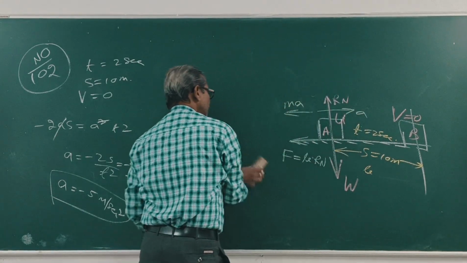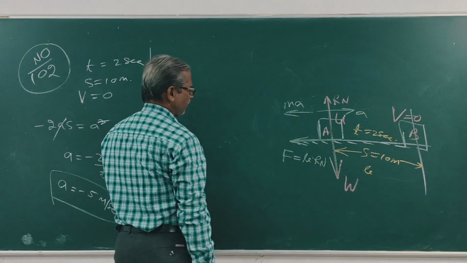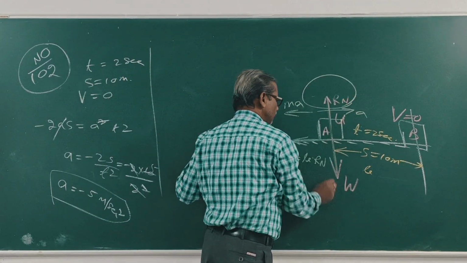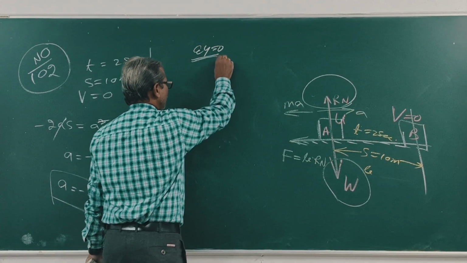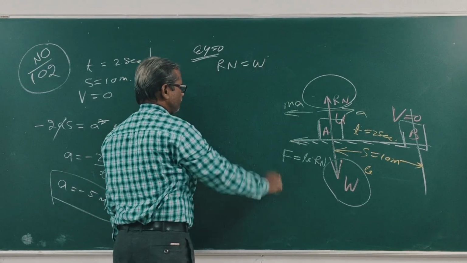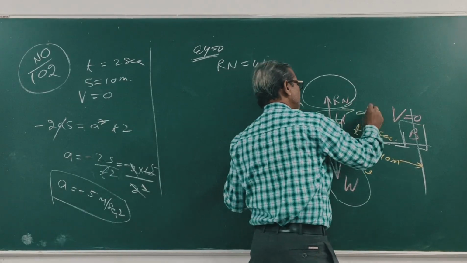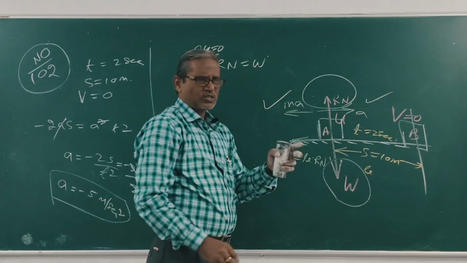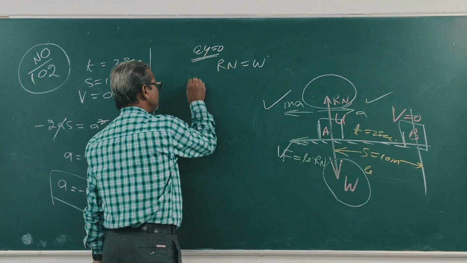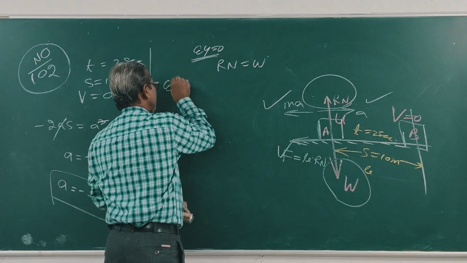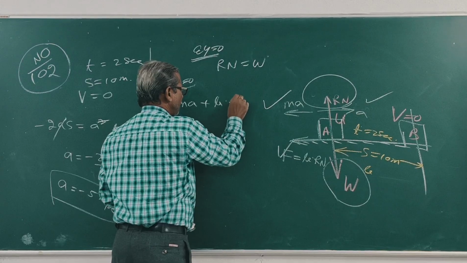Now, what is Rn? Rn is equal to W. Sigma y is equal to 0, so Rn is W. Similarly, sigma x is 0: ma plus mu Rn is equal to 0. On this side, towards right, there is no force, only left side force. What is ma? W by g into a plus mu into Rn is equal to 0.